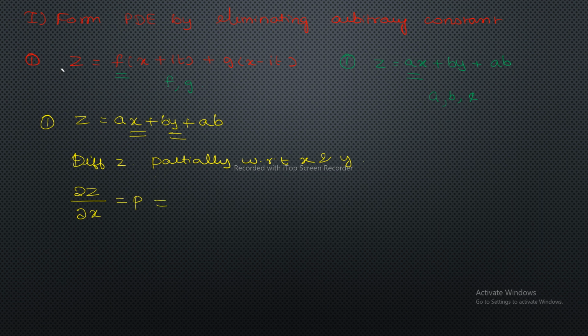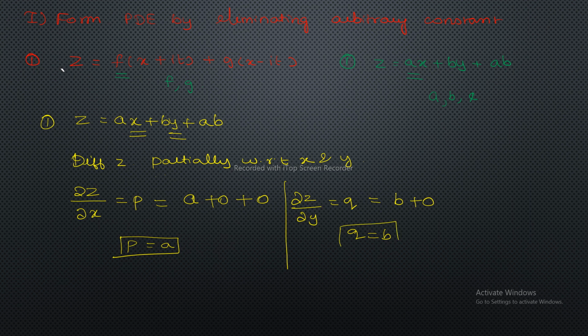That is equal to, if you differentiate this, you will get a plus 0 plus 0. So p here is a, and if you differentiate with respect to y, this is your q. So you found the values of the constants a and b, and if you substitute in the equation, this is your required partial differential equation.